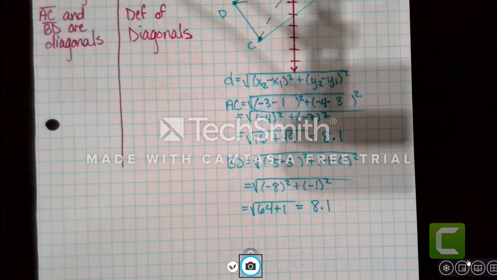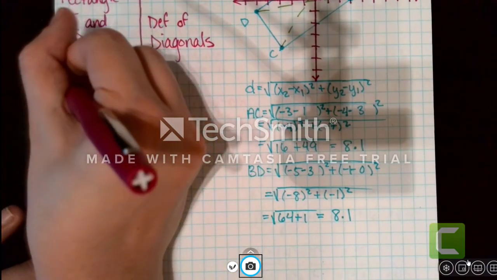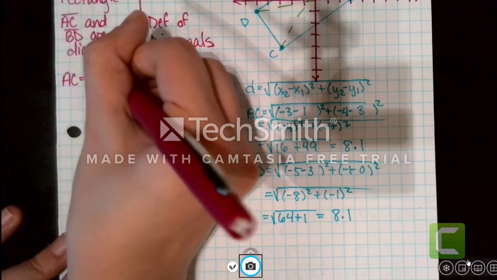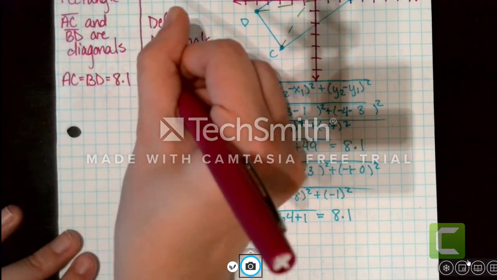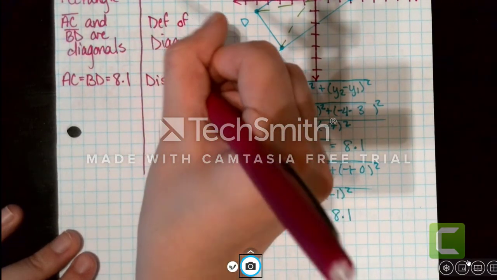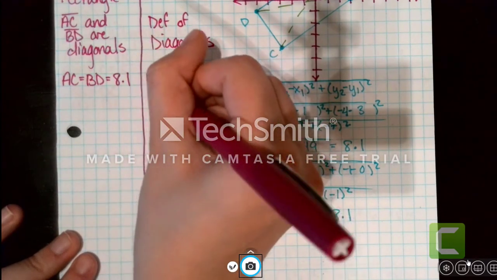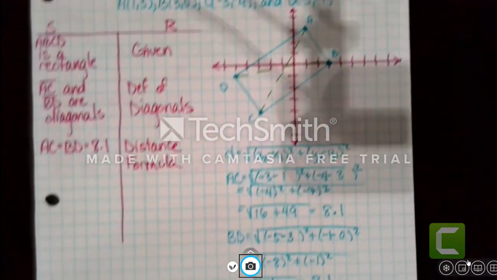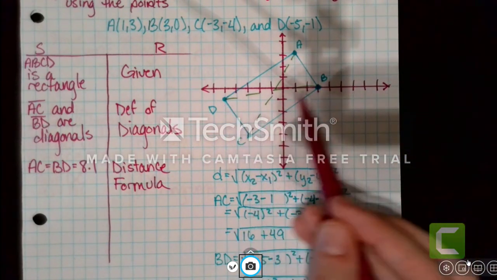So for your third statement, write down that AC is equal to BD, which is equal to 8.1. And we're using the distance formula. Now, again, we're trying to prove here that AC is congruent to BD.